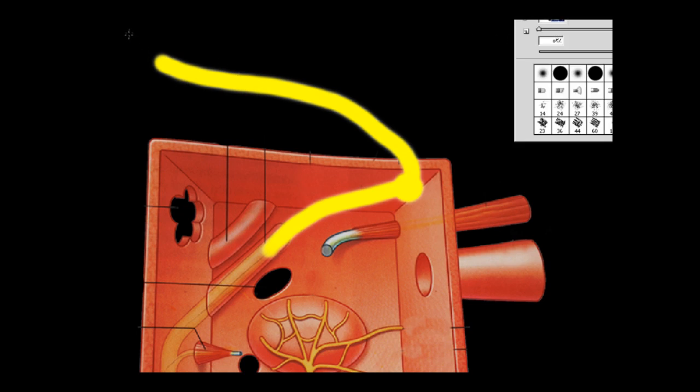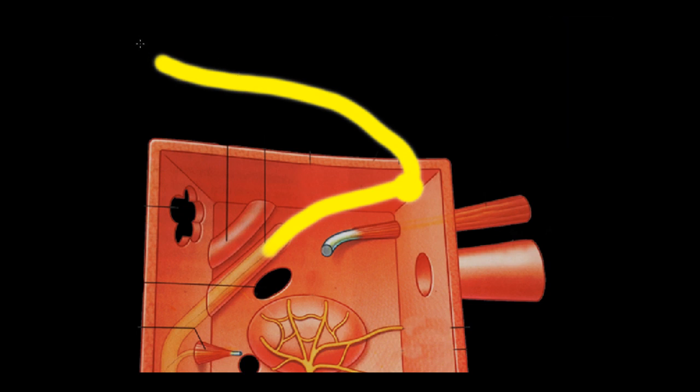So the facial nerve continues from the internal acoustic meatus, and it's entering here. It does not synapse in the geniculate ganglion.